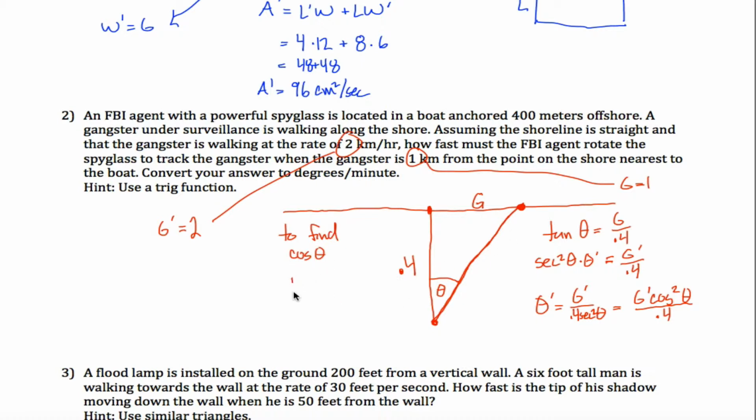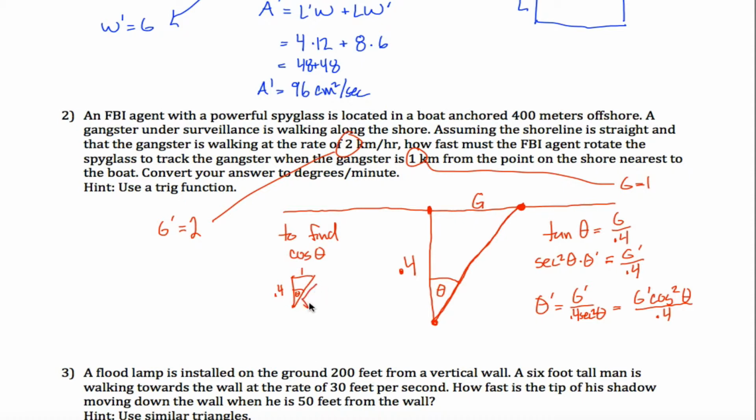I'll draw this little triangle. This is that same triangle over here where this is 0.4 and that's theta. But at this moment right here, when I'm trying to figure out cosine of theta, this distance is 1. G is equal to 1 here. So if this is 0.4 and this is 1, I can solve for this side.